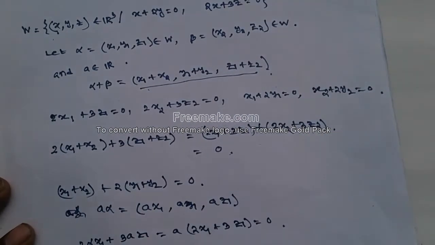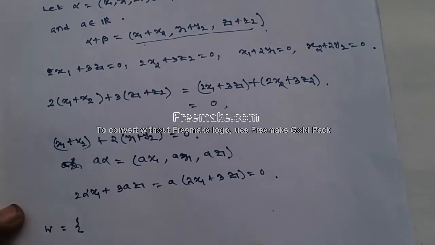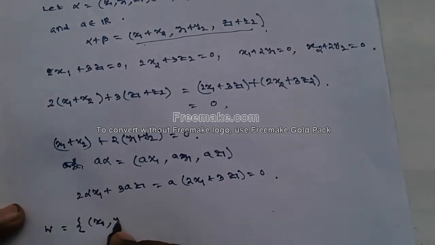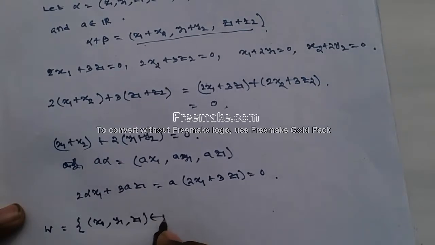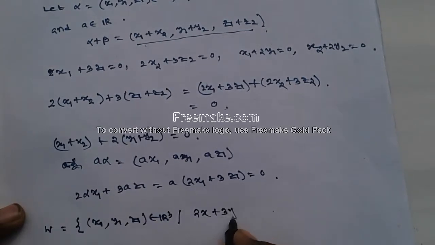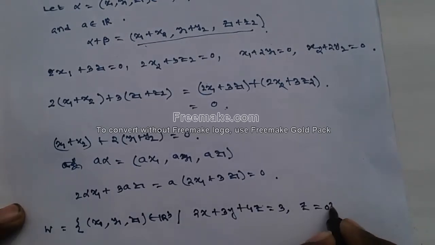Now we check the second condition. Here W equals the set with 2x plus 3y plus 4z equal to 3 and z equal to 0.